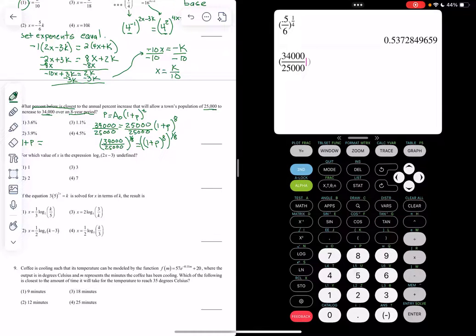Move it outside the parentheses, raise to, and now we have a fractional exponent again. So I'm going to put in another fraction. 1, and that exponent is 1 over 8. We hit enter, and we get 1.039.